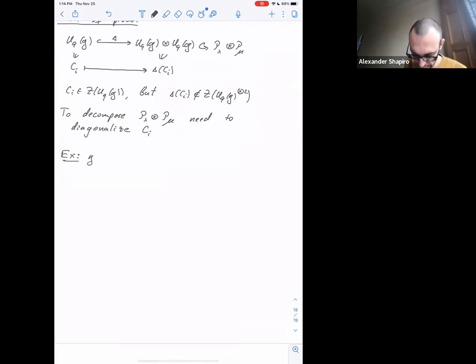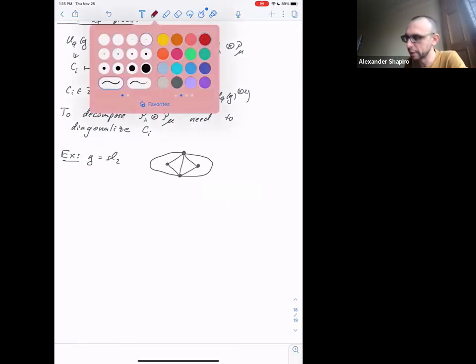So let's say G is equal to SL2, and what's our surface that corresponds to the tensor square of the quantum group? It's that thing over here. We have two marked points, two punctures, and if I want to talk about clusters, I really need to choose a triangulation to figure out which coordinate chart I'm using. Let me remind what the quiver is here.